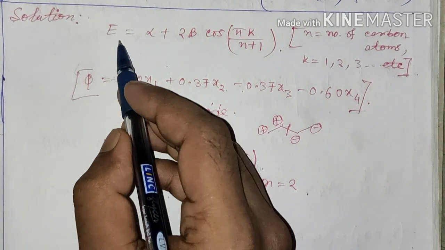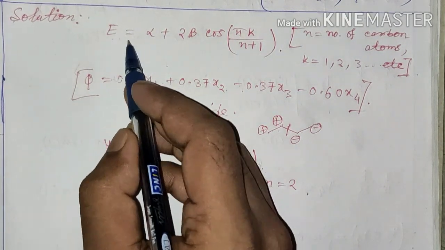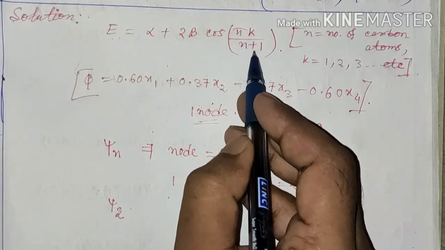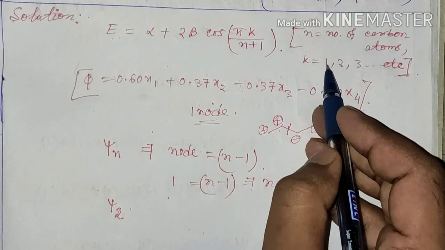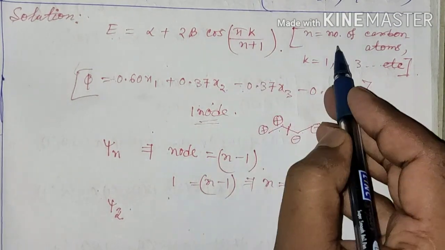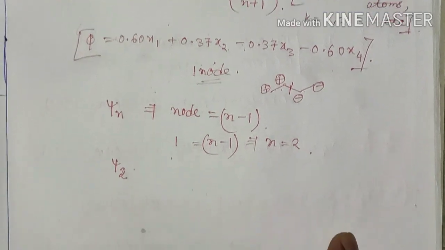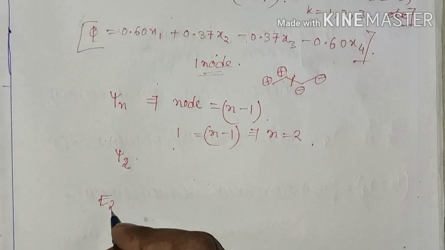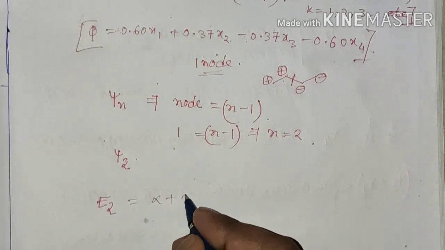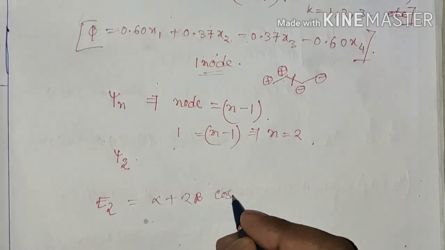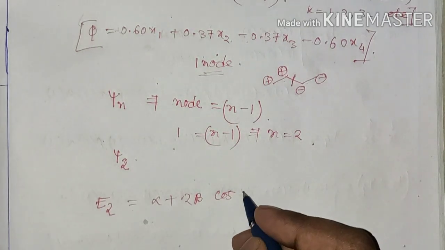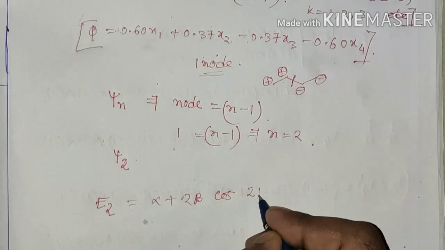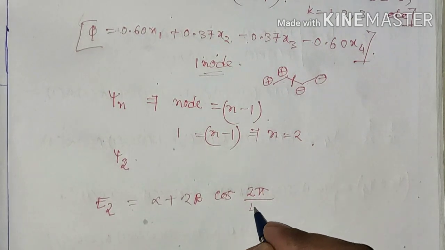From the formula of energy levels for an acyclic system, it is given as E is equal to alpha plus 2 beta cos of k pi by n plus 1. K is a constant, given as 1, 2, 3, etc., and n is equal to the number of carbon atoms. Now if we put the value for E2, it will be alpha plus 2 beta cos 2 pi by 4 plus 1.